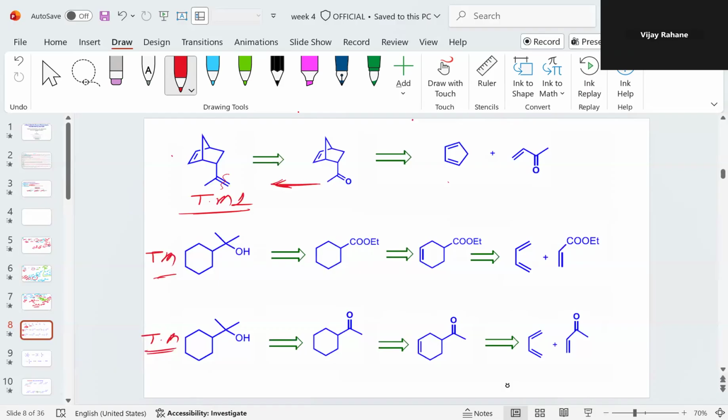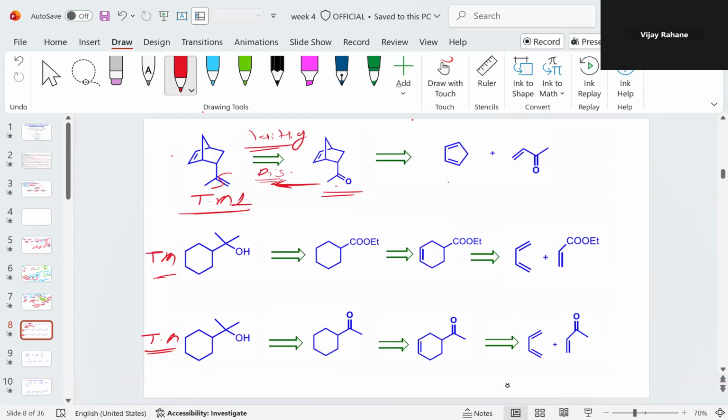This is basically a Wittig reaction. Upon Wittig reaction, this ketone can convert into such an olefin. That you need to keep in mind. So this is the Wittig reaction. Here we can do the disconnection. So this is our first disconnection.